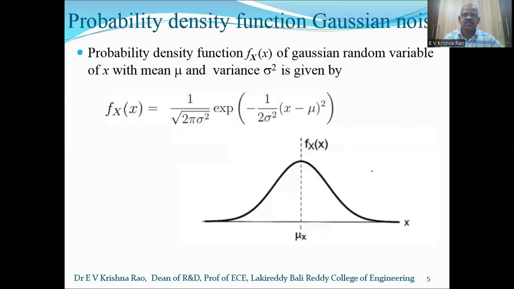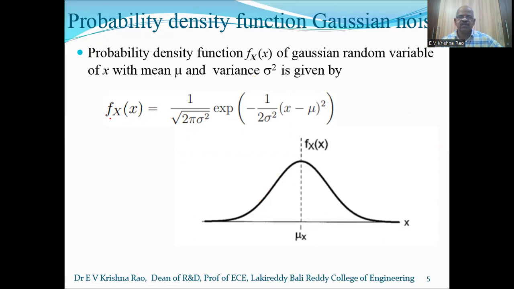Because the signal is added with white Gaussian noise, the probability density function is taken as a Gaussian distribution having mean mu and variance sigma square.